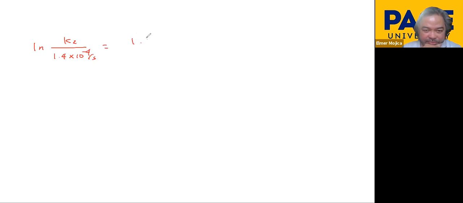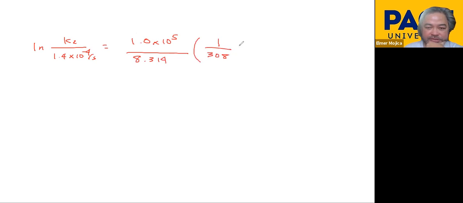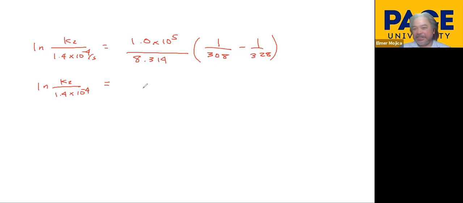And I already have the value here, 1.0 times 10 to the 5, and 8.314, and then 1/308 minus 1/328. I have to leave this for now, because I need to find the value of this side first so that I can eliminate the ln, right? So let's work on this side.